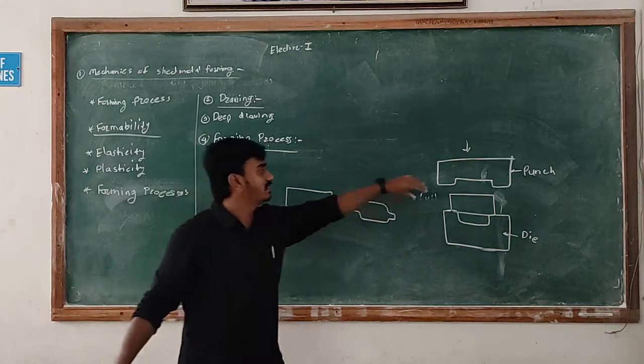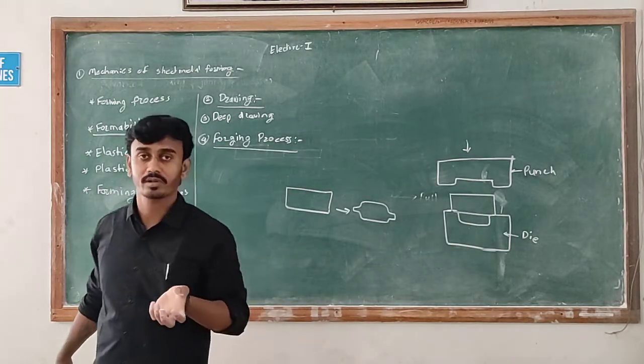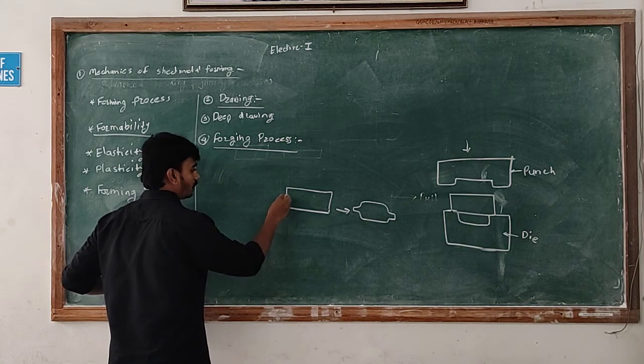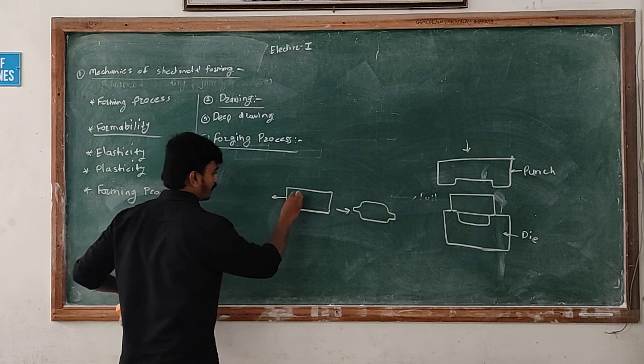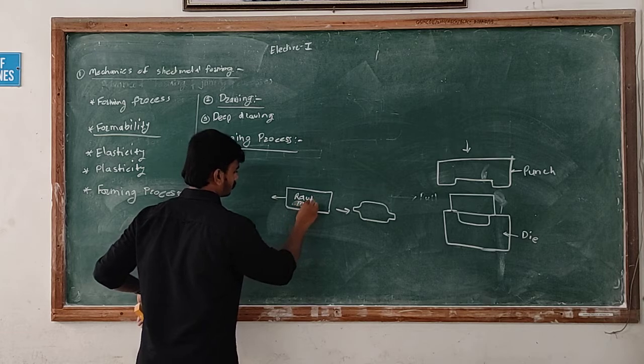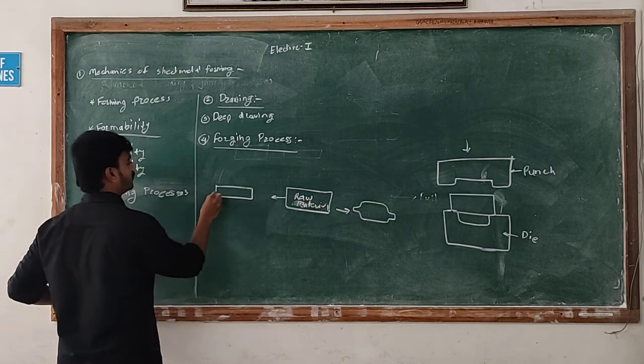And here this die and punch are closing, so it is called a closed die. Suppose I want to convert this raw material into this one.